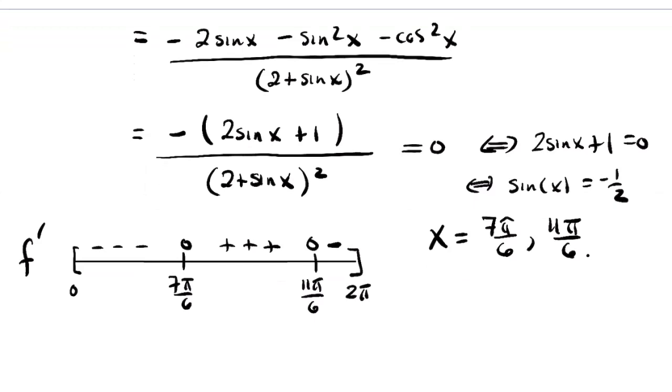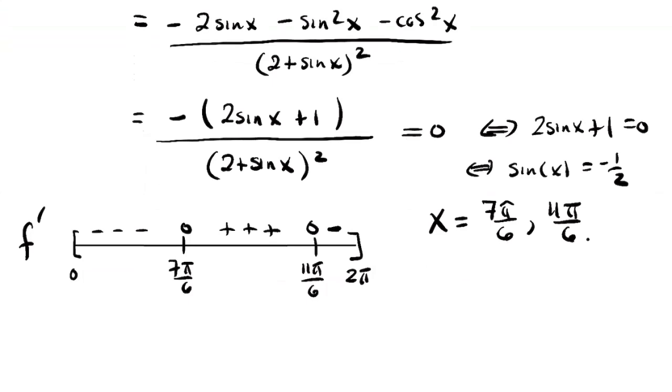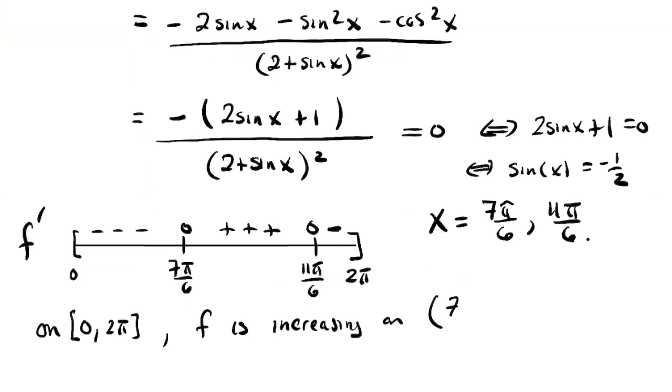where this thing is increasing, decreasing. We can write it down now if you want. Why not? So just on 0 to 2 pi, just on that interval, f is increasing on the interval from 7 pi over 6 to 11 pi over 6.